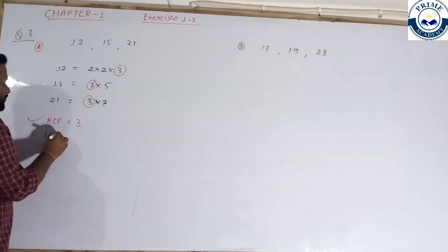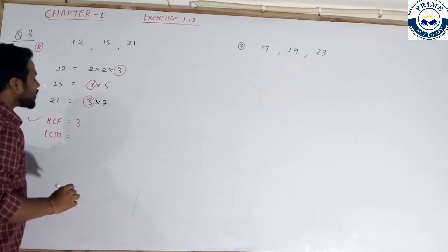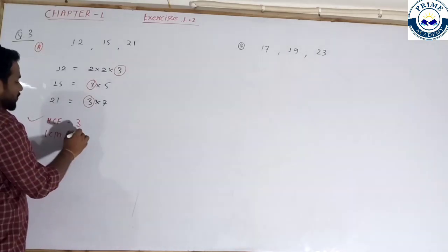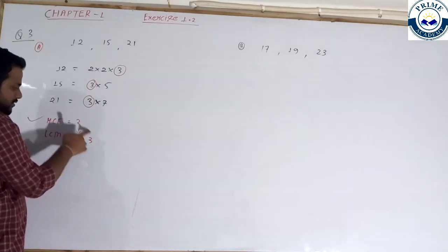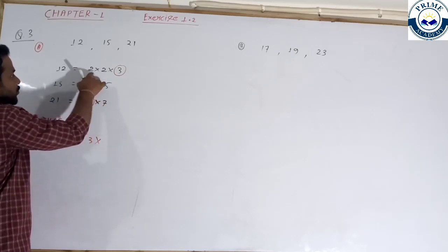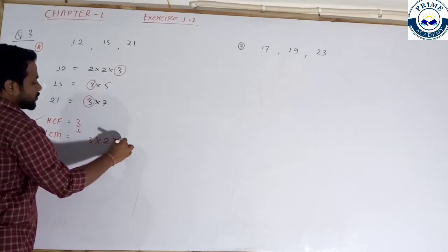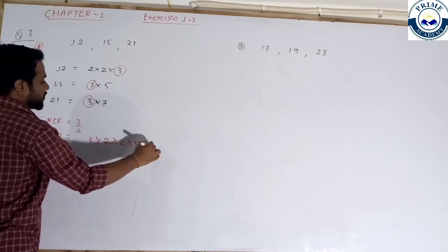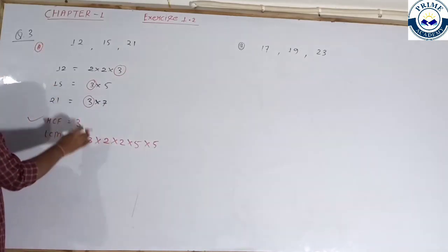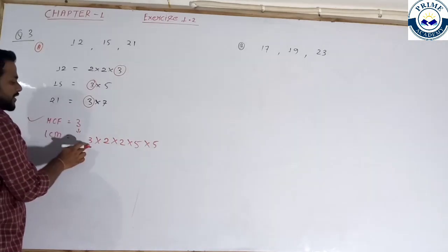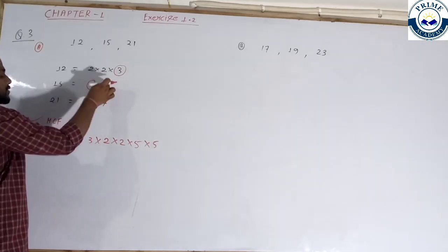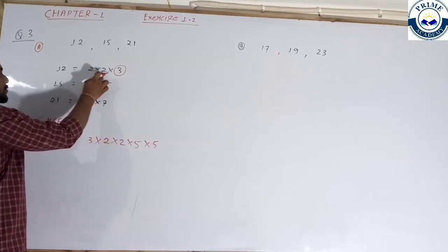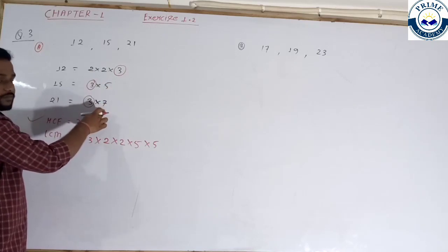Now LCM. What is LCM? Whatever the LCM you have to calculate now, just put here 3. This 3 is here. What is remaining? 2 and 2. Just put 2 into 2. 5 remaining here and 7 remaining here. So always, first you calculate HCF, put that number, and the remaining numbers just multiply it. 2, 2, 5 and 7 were remaining.